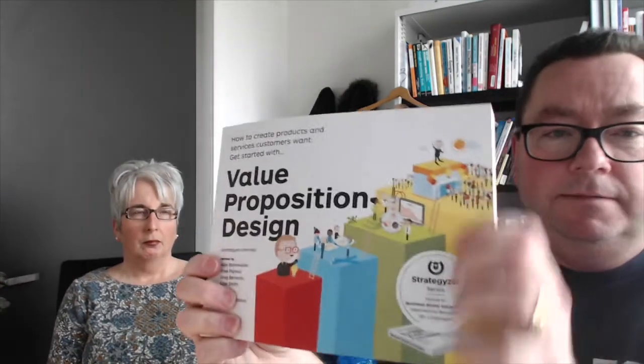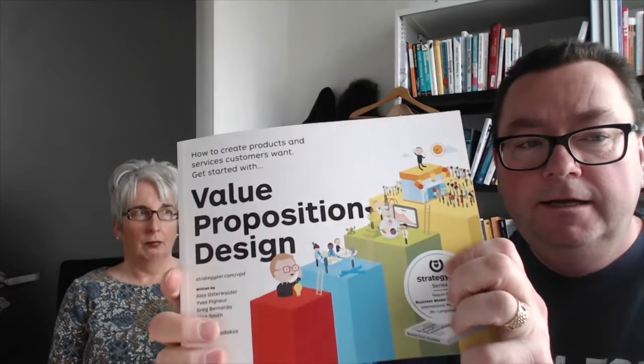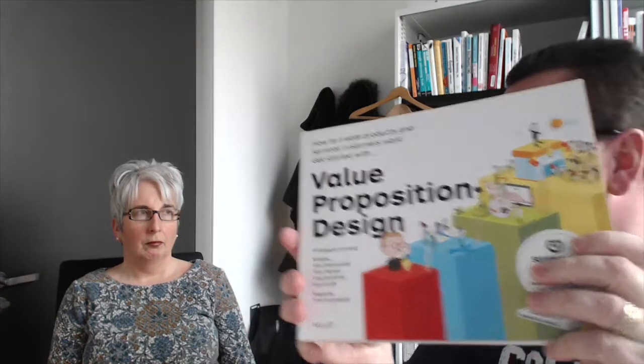Now there's a model from a book, and it's worth just showing a picture of the book. It's not part of this course, but it's worth knowing that this book, called Value Proposition Design, is by an author called Alex Osterwalder, and if you're really into it, go and get it. It's only 15 quid, but otherwise I think there might be a copy in the library.